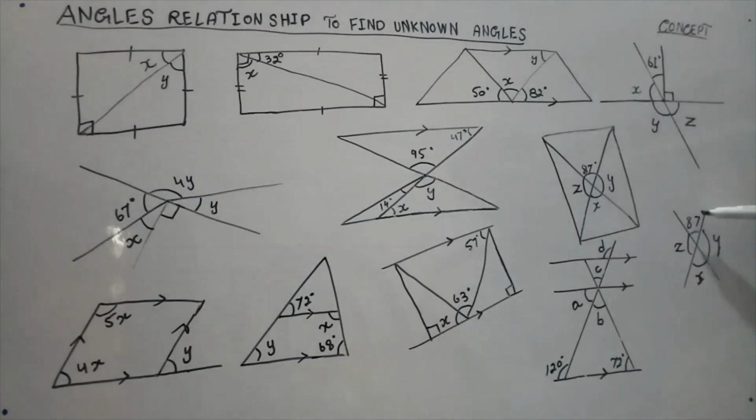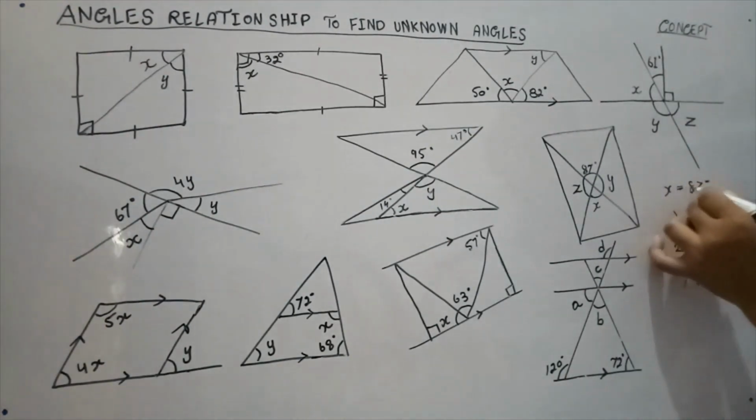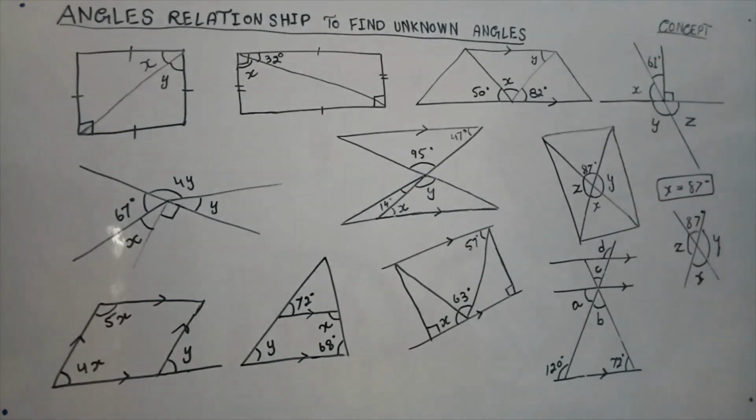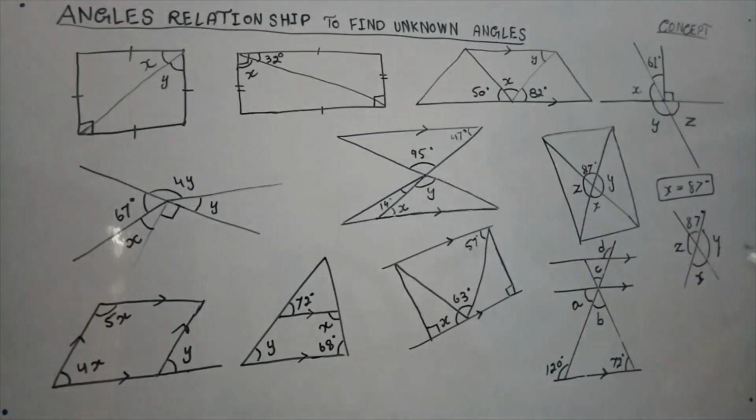First of all, you can see that this angle will be equal to that angle. 87 will be equal to x, or I can say x will be equal to 87 degrees, because they are vertically opposite angles. Now these two are also vertically opposite angles, two straight lines intersecting at this point, so these two angles are also equal to each other.